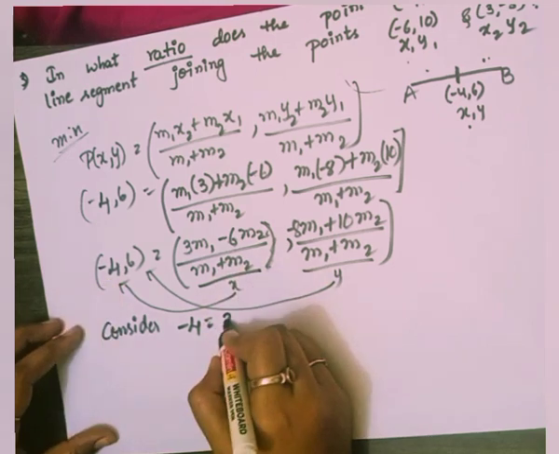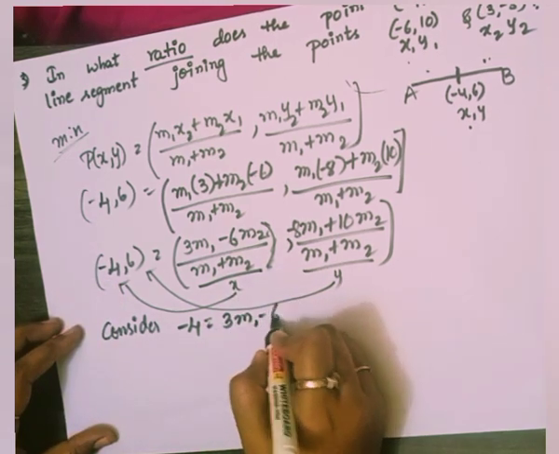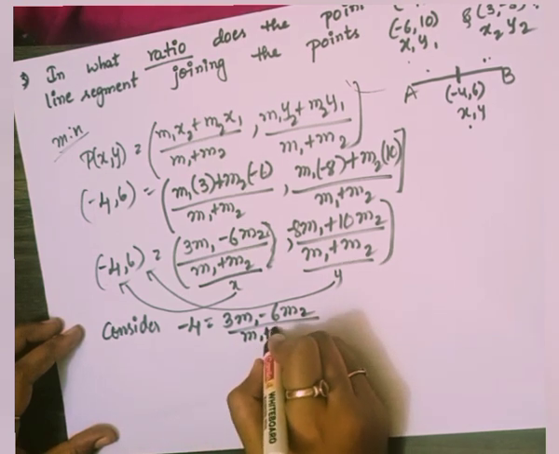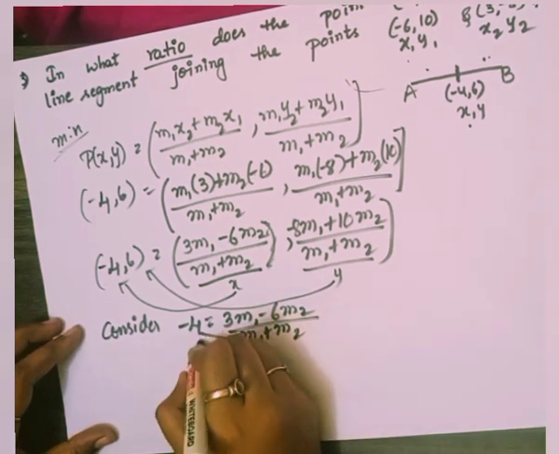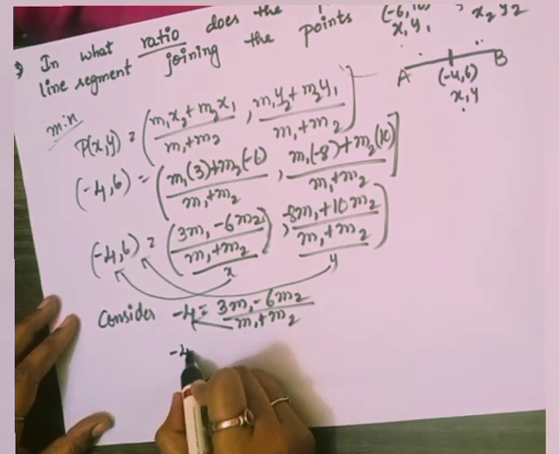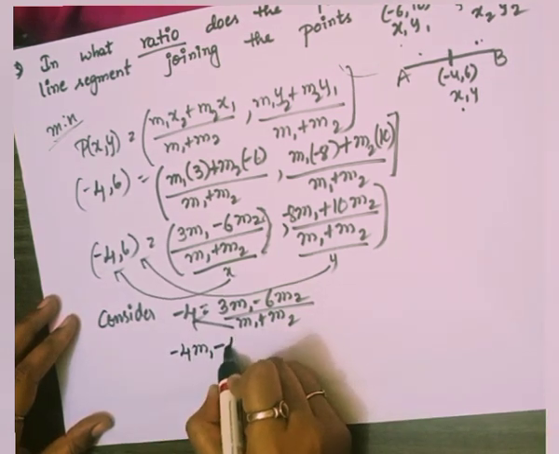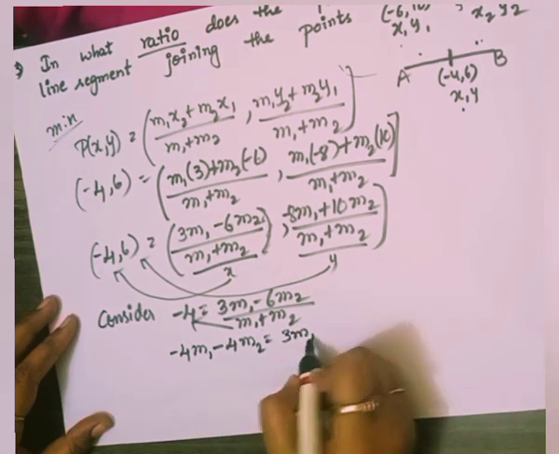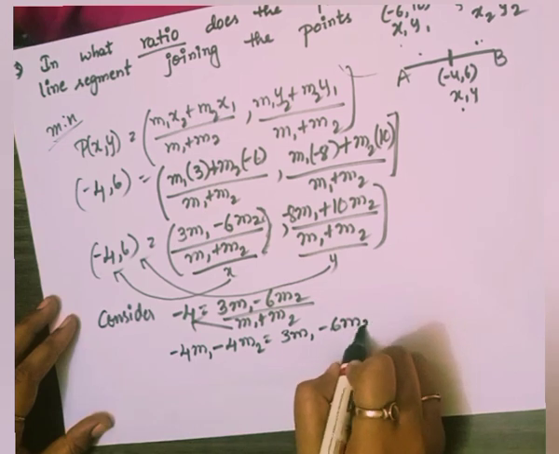What is the x1 we have? That is 3m1 minus 6m2 divided by m1 plus m2. Now I'll do cross multiplication. What I'll get? Minus 4 into m1, I'll get minus 4m1 minus 4m2 is equals to 3m1 minus 6m2.